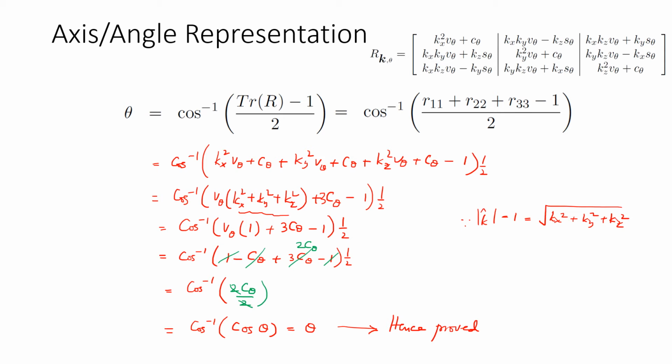Now, the basic concept is not to have this proof presented to you, but to give you this property. This property says that you can find out the theta about the arbitrary axis k by exploiting this expression.